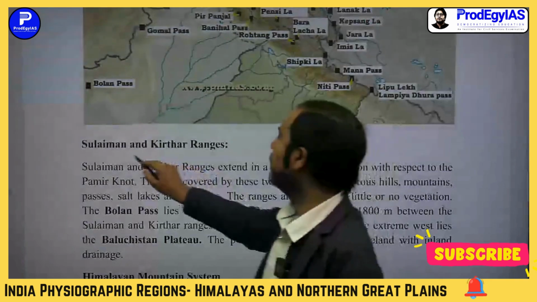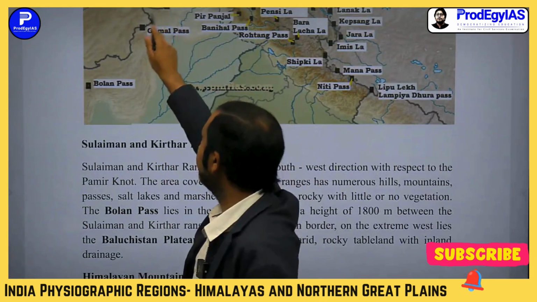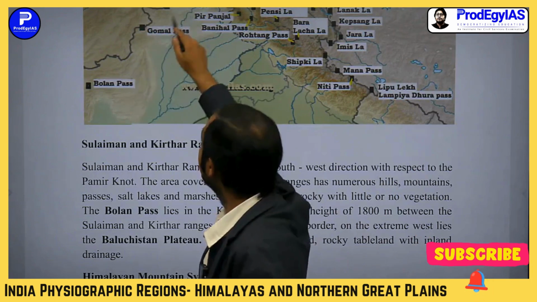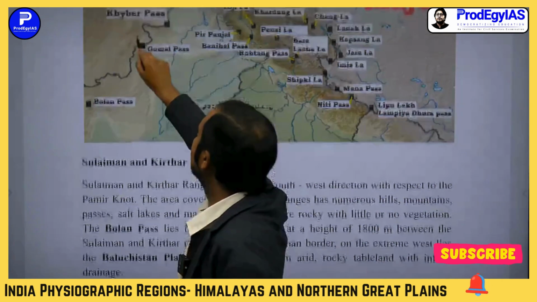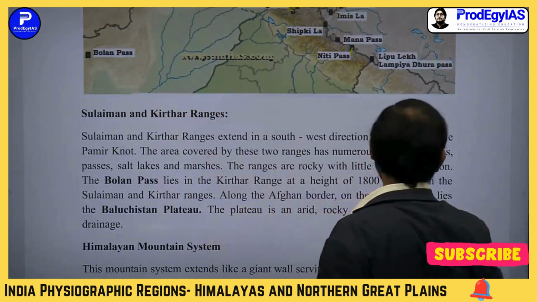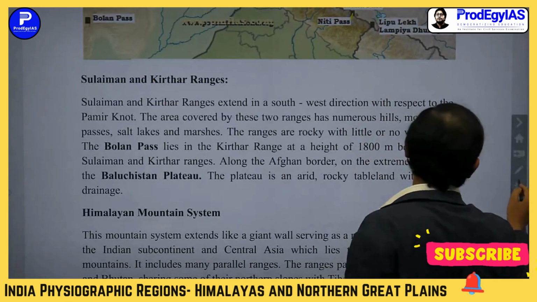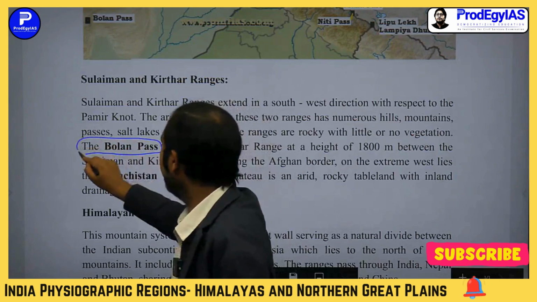Bolan Pass, you see here, is in the Suleiman and Kirthar range. First it was the Hindu Kush range, then further extension from the Pamir Knot was Suleiman. Then after Suleiman, it was Kirthar. So Bolan Pass lies in the Kirthar range. These are the important facts wherefrom a question can be asked.